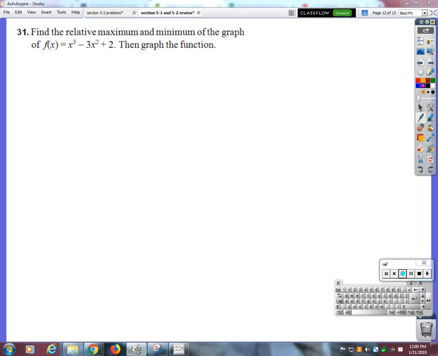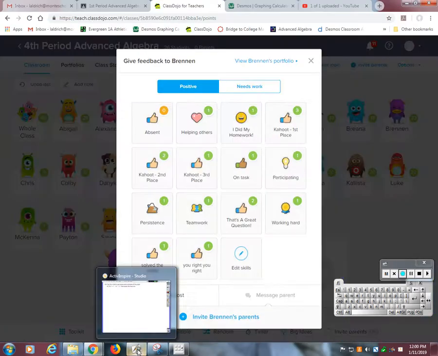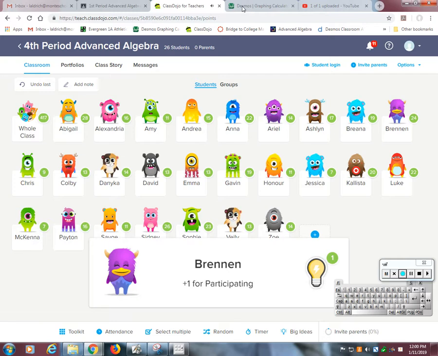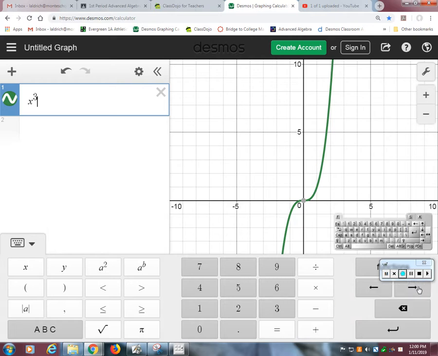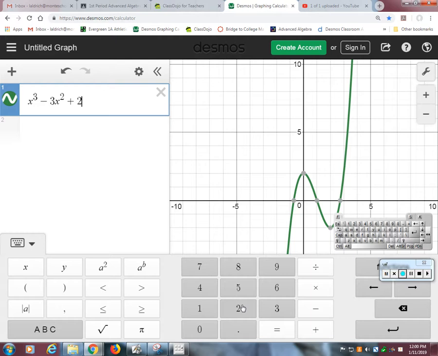Okay, so x cubed minus 3x squared plus 2. Plus 2? Okay, so thank you.